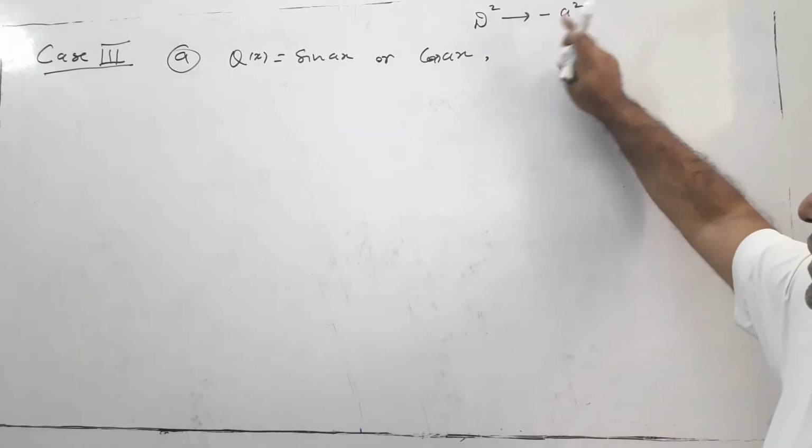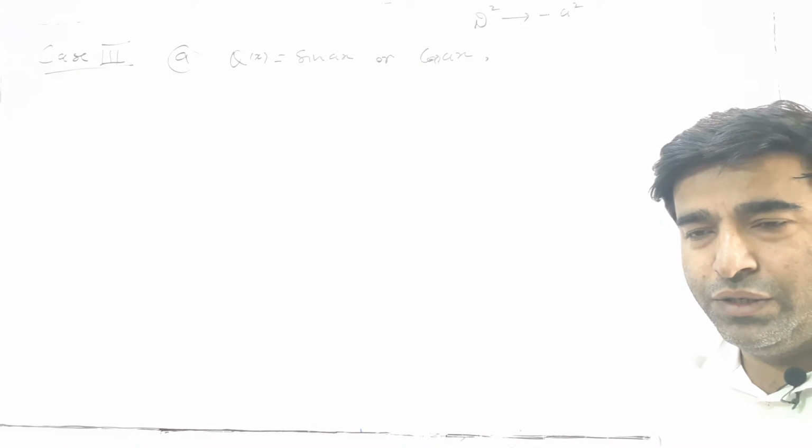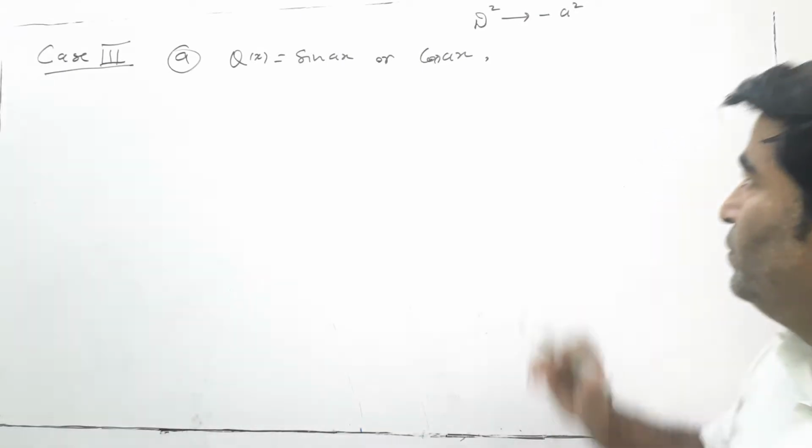On putting D square equal to minus a square, P(D) should be non-zero.